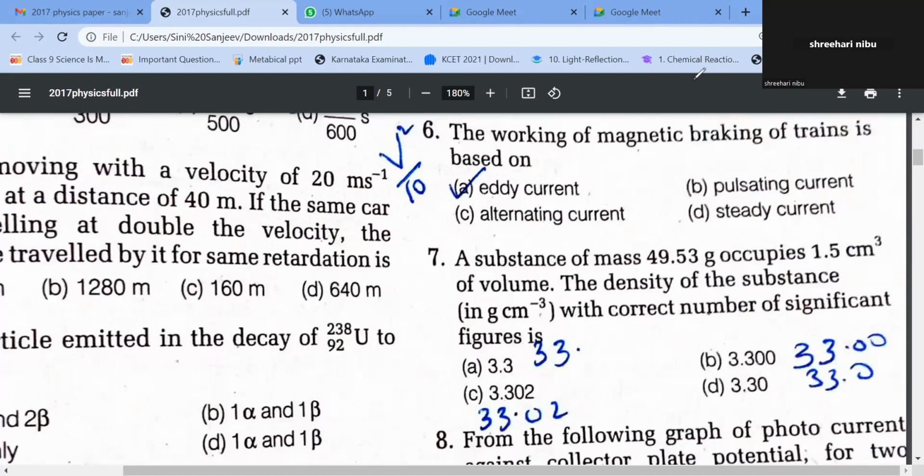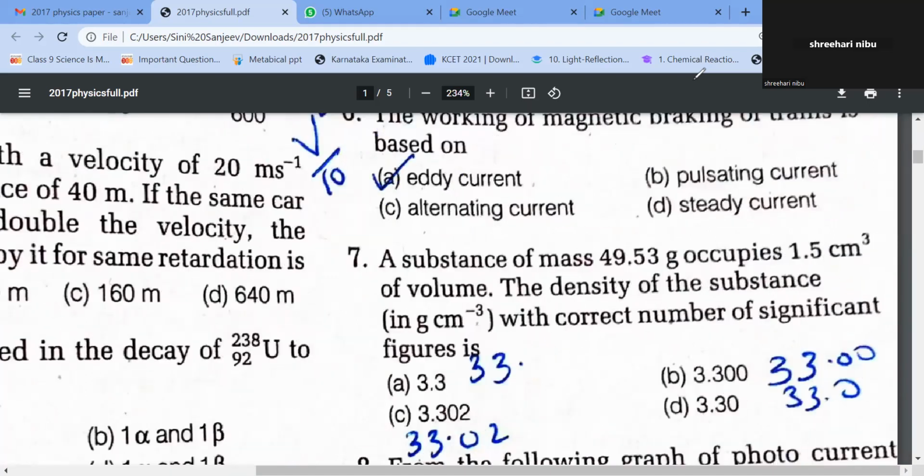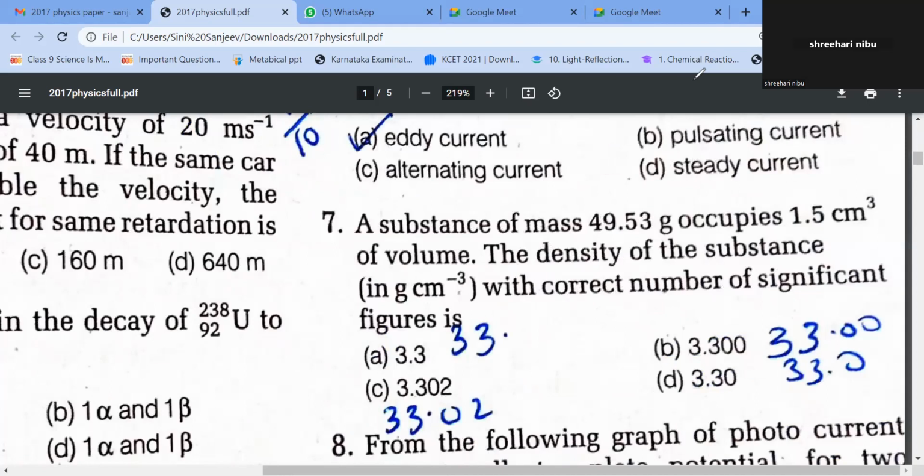This one, can you try? Significant figure.